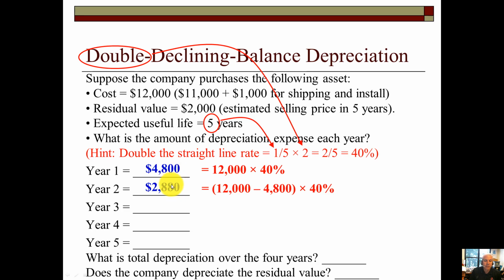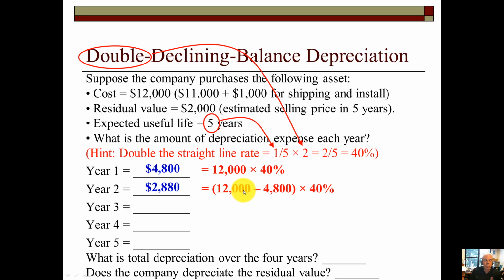Notice how this is decreasing, because this is a pattern of what we call accelerated depreciation, where we have more depreciation in the earlier years and less depreciation in the later years. So what would be the depreciation in year 3? Well, it's based on the book value at the beginning of year 3.